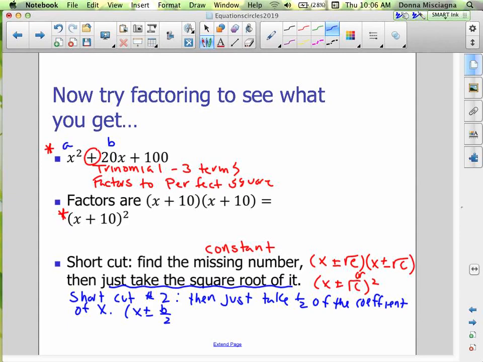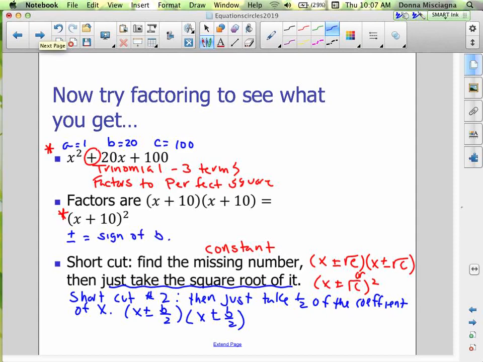A is the coefficient on x squared, which is 1. B is the coefficient of x, which is 20. And c is the constant term, which is 100. Right? So x plus or minus, whatever the sign is of b, x plus or minus b divided by 2. And the sign, regardless of which method you use, is the sign of b. Right? So the plus or minus part is the sign of b, which is the coefficient on x.